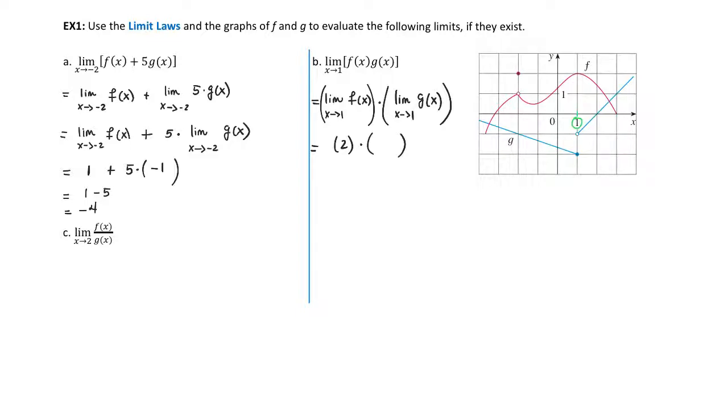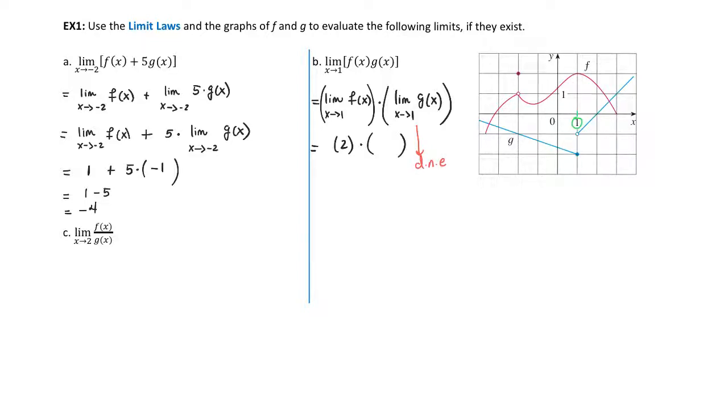That means that if you notice, the one-sided limits are different. So then the limit of g at 1 doesn't exist. This limit right here does not exist.